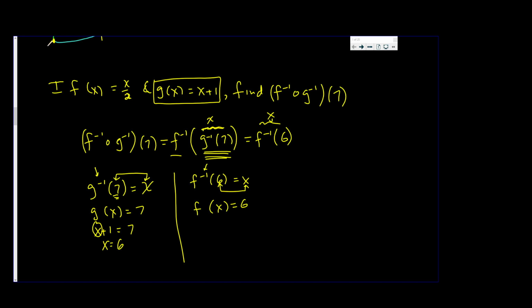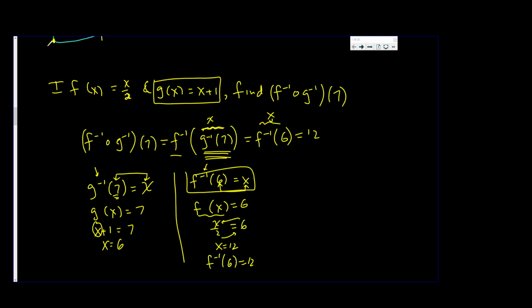Well, I know that f of x is x over 2 on one hand, and on the other hand, they're telling me it's 6. Well, 2 times 6 must equal x. x must be 12. That is, f inverse of 6 must be 12. And that's how you would do that problem.